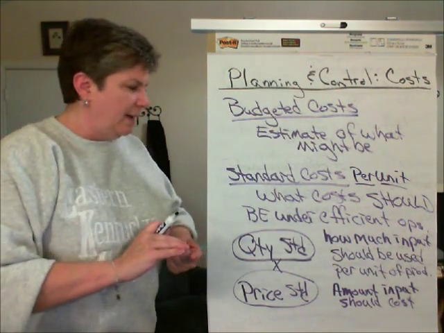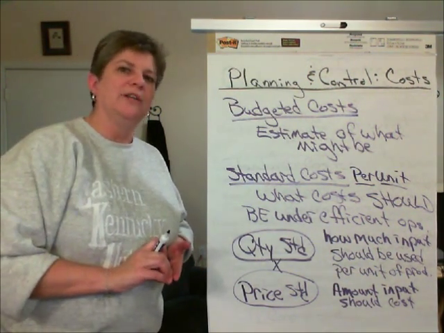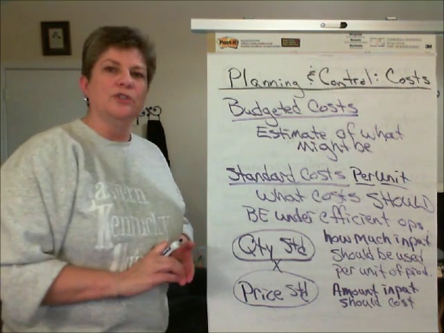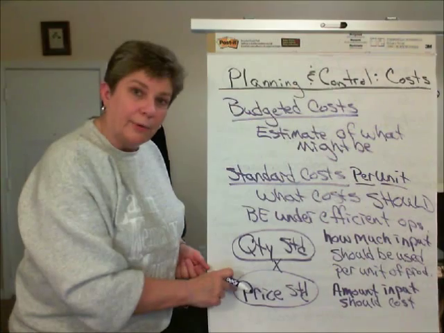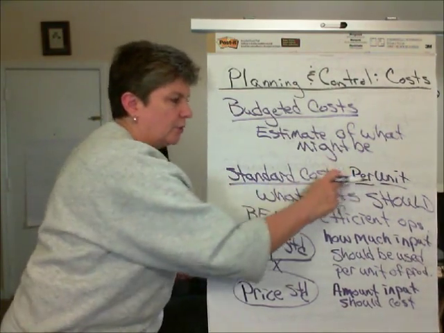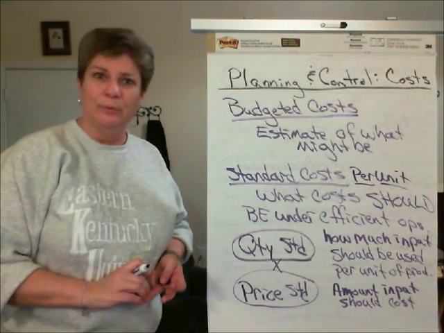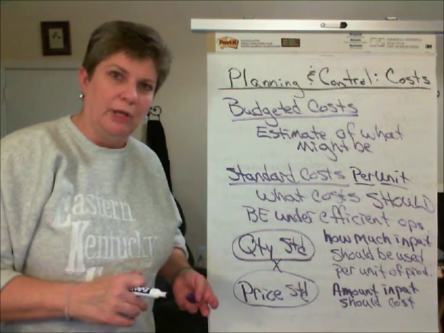So we'll have both a quantity standard and a price standard and a standard cost per unit for materials, then a quantity standard and a price standard and a standard cost per unit for labor, and same for variable overhead.